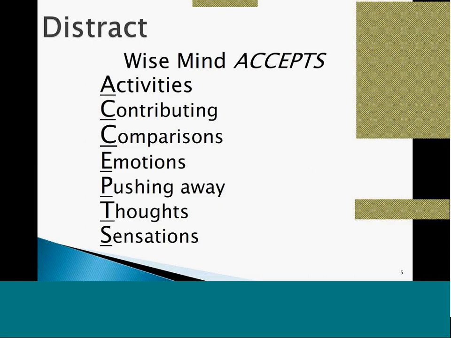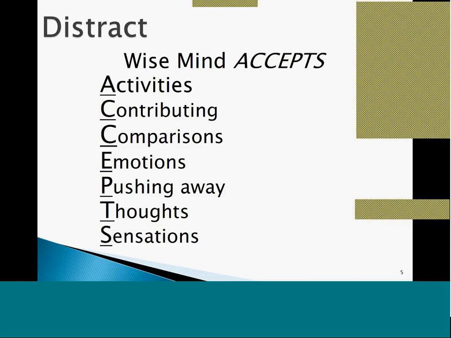So distract skills are, we all know what distract means. Distract means to kind of turn your attention away from something that's causing you stress or anxiety. And we probably know ways to distract that are maladaptive sometimes. And certainly clients know lots of ways to distract with maladaptive behavior. This is about avoidance, which is not something we talk about in CBT, but it's functional avoidance.